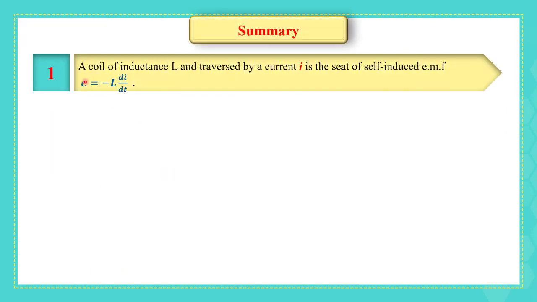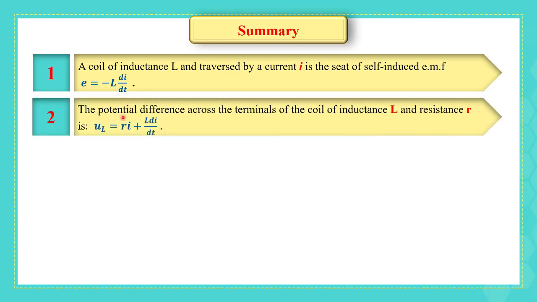Now, as a summary from the previous video, a coil of inductance L and traversed by a current i is the seat of a self-induced EMF e equal to minus L di over dt. The potential difference across the terminals of a coil of inductance L and resistance r is U coil equal to ri plus L di over dt.